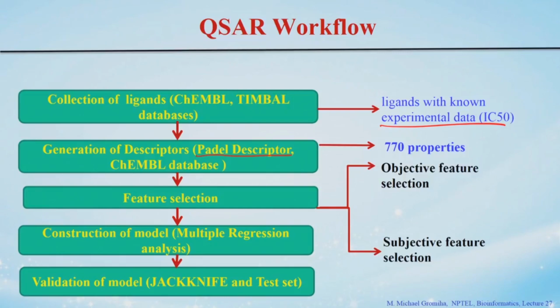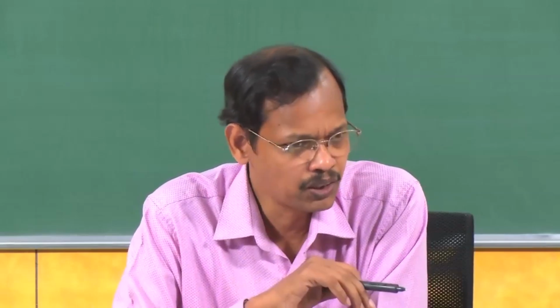Likewise, we can do the subjective feature selection, where sometimes we know some properties are important, right. In this case, we need to keep these properties for fitting the model. So, you can do both ways for selecting the important features to develop a model, and once we select the features, then we construct a model.